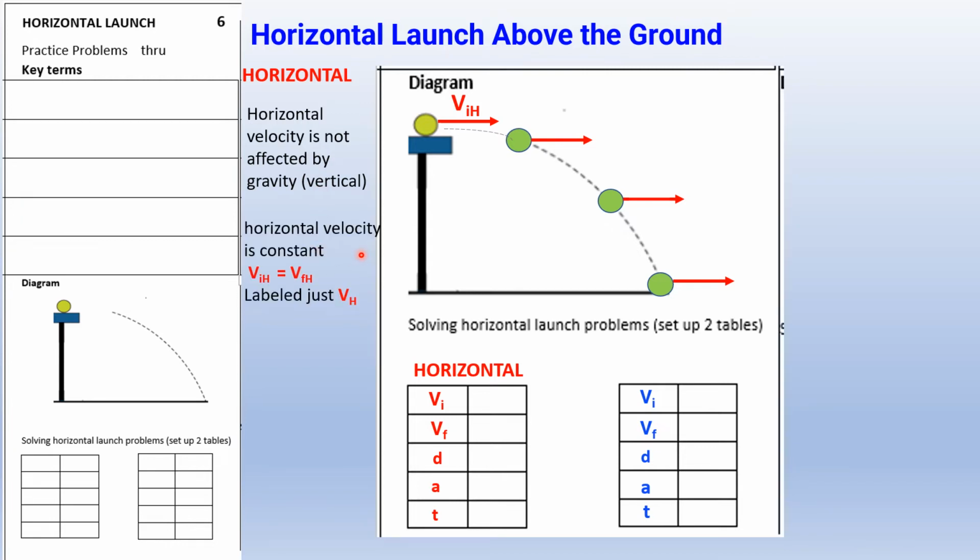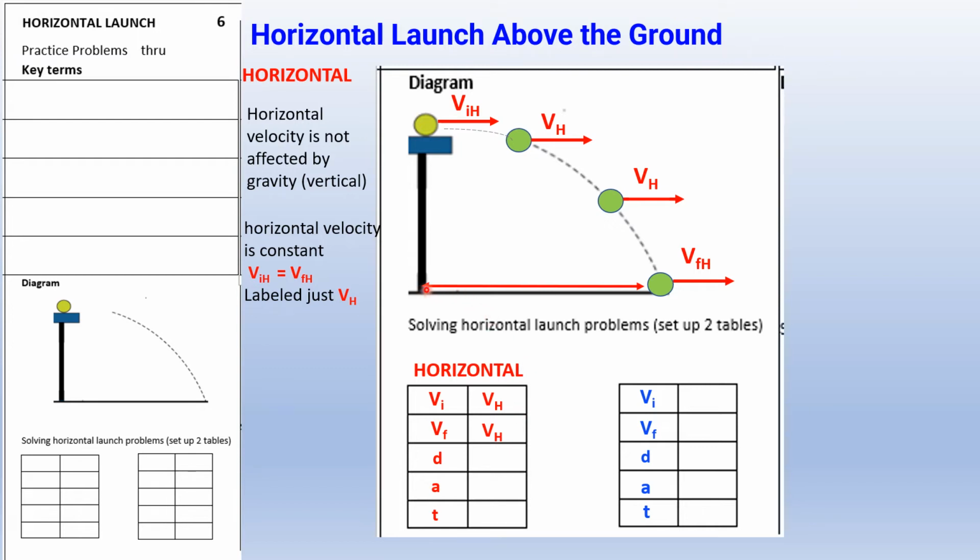The horizontal velocity is constant, which means that the initial horizontal velocity is going to be the same as the final horizontal velocity. For this reason, I'm going to label the horizontal velocity at any point of this trajectory VH. So, the initial velocity horizontally is VH, the final is also VH.